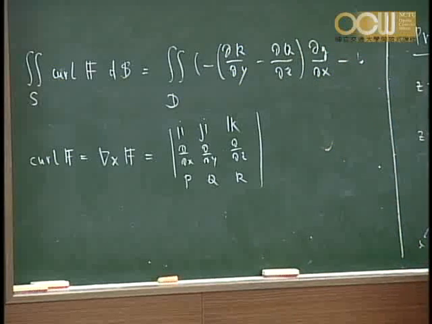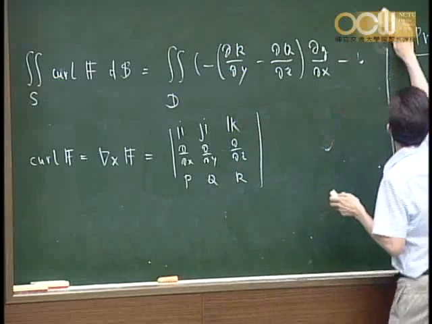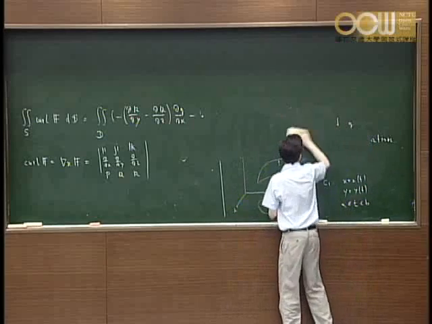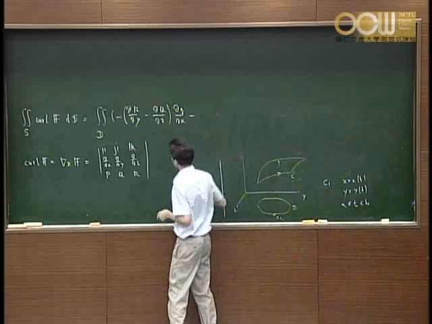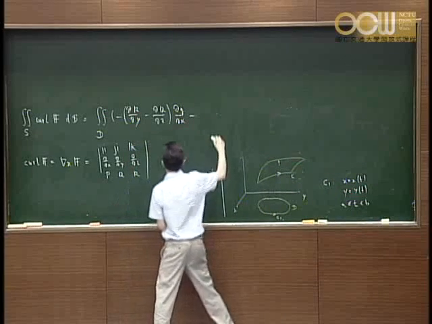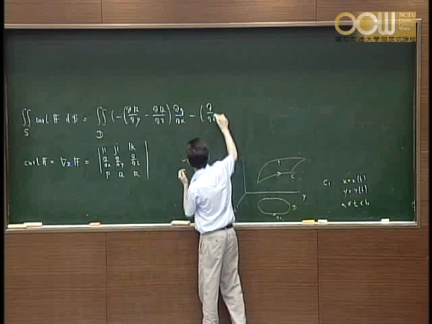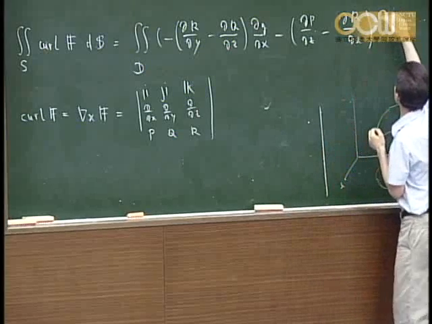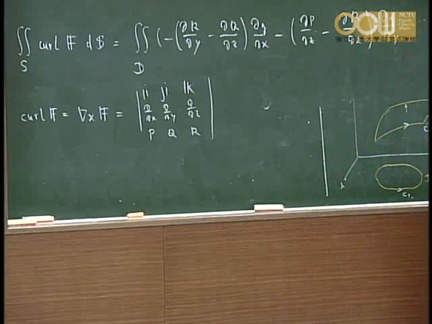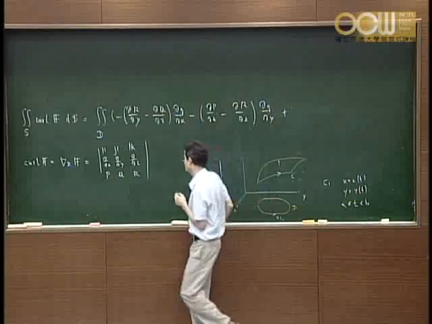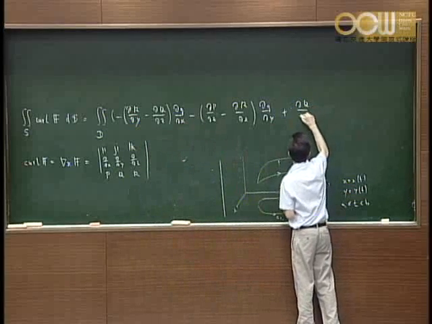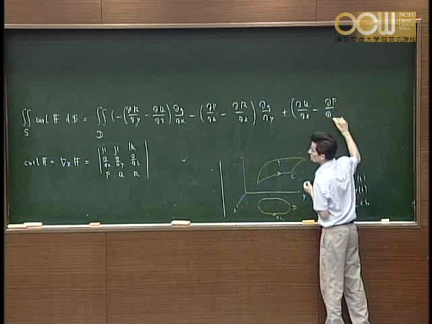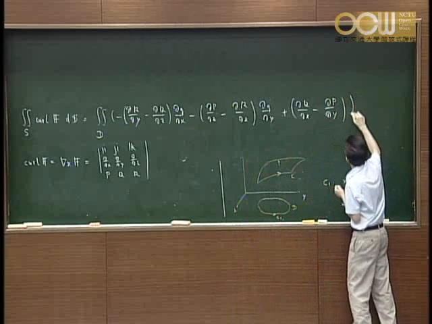Then this one is now Q. So Q is the partial derivative of P minus, because you have a minus, and the last one is plus here, and you have the partial derivative of Q with respect to x minus the partial derivative of P with respect to y, dA.